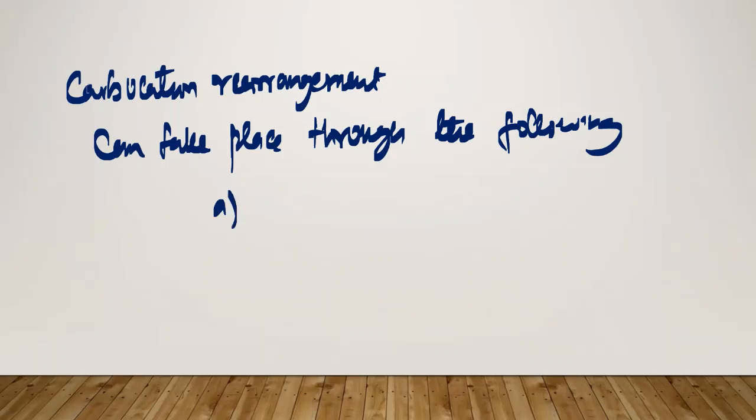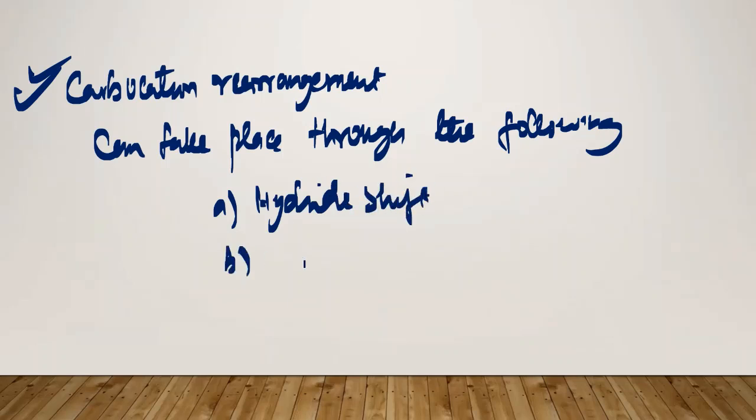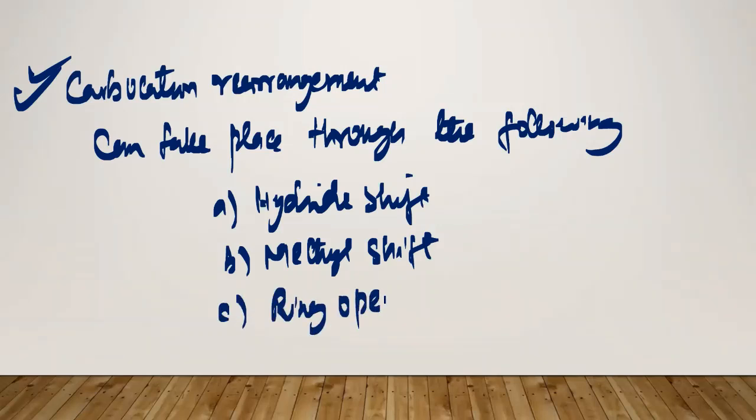Carbocation rearrangement can take place through hydride shift, H minus shift, or it can take place through methyl shift, CH3 minus shift, or it can take place through ring opening. The cyclic ring will open up, and in that way, the carbocation rearrangement can take place. So these are the ways by which carbocation rearrangement can take place, my dear friends. Please make note of this and practice more and more of these kinds of problems.